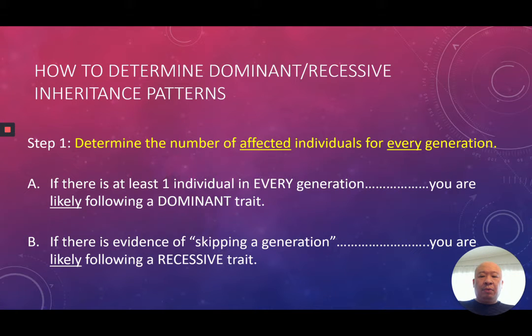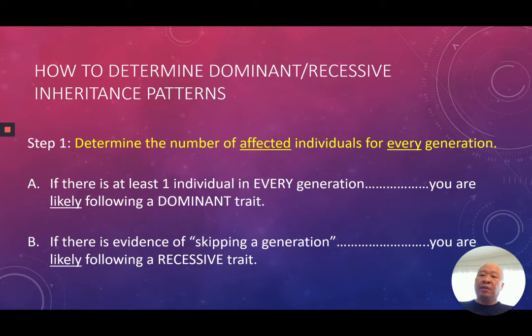Okay? We say likely because nothing happens exactly the way that we predict. Okay? There's always a possibility that something improbable happens. Okay? So the guidelines that we're giving you today are merely guidelines. They're not hard set rules.